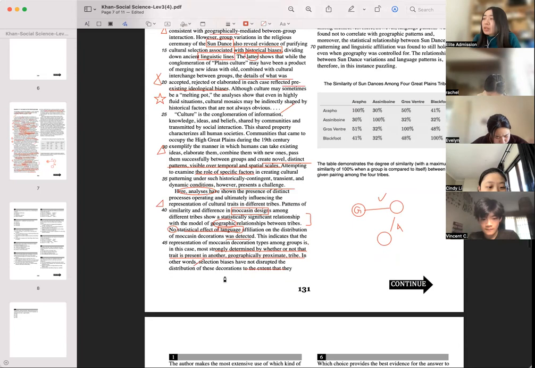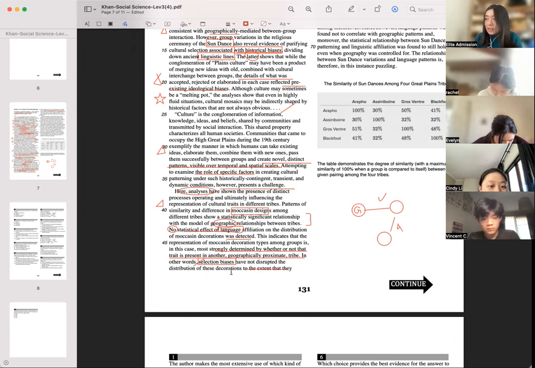If you read that now, selection bias is a terminology, but you can try to guess what it means. It's just selection. The selection would not have disrupted the distribution of this decoration. So how would they select the decoration?